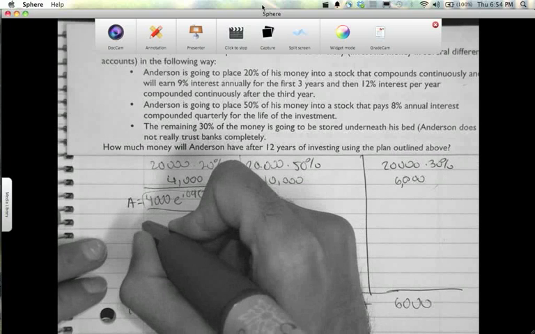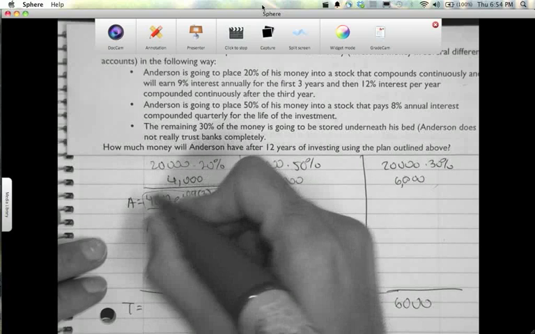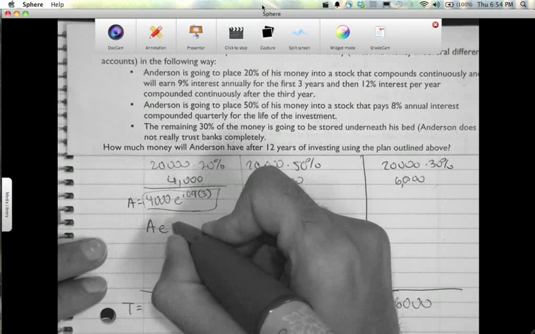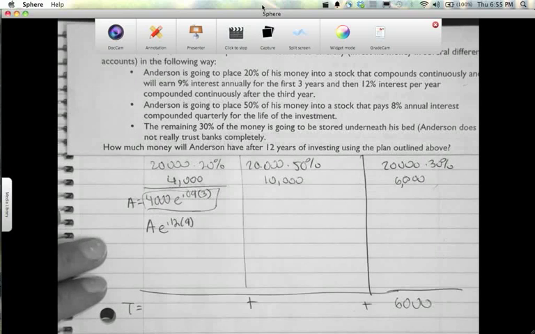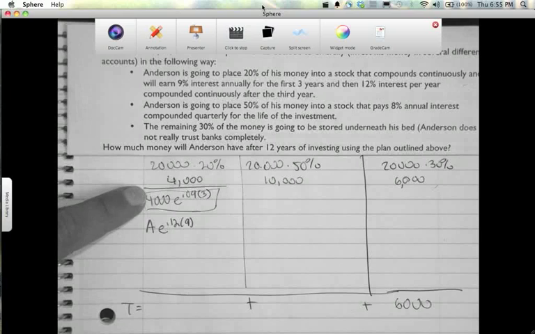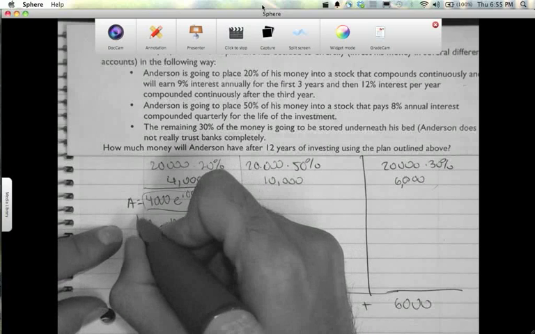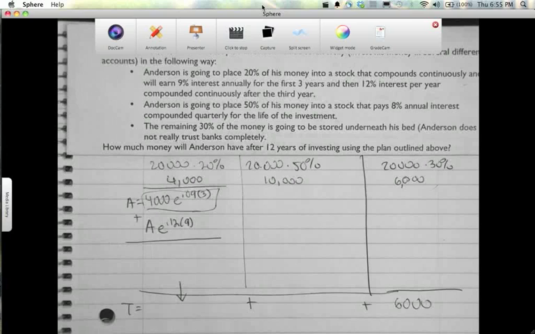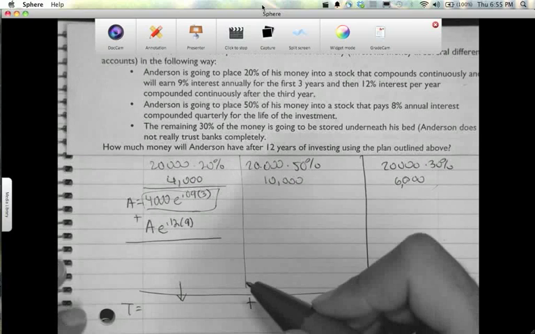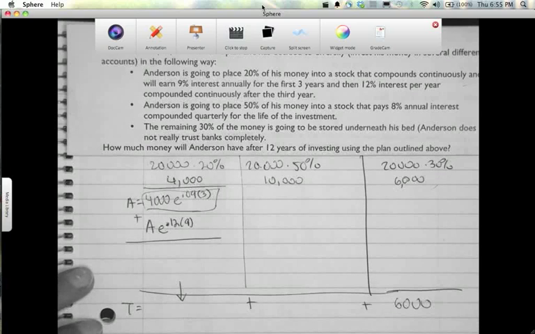So in other words, the new amount would be A, E to the 0.12 times 9. So we need to calculate this, and then calculate this, add them together, and that gives you the number for right here. And again, this is 0.12 times 9.